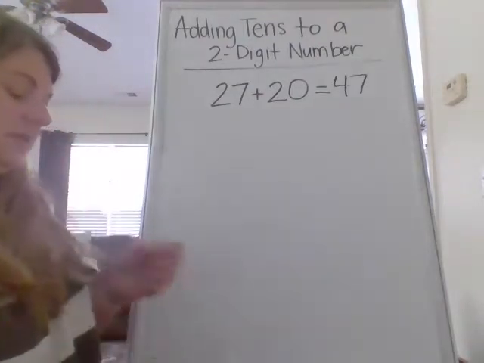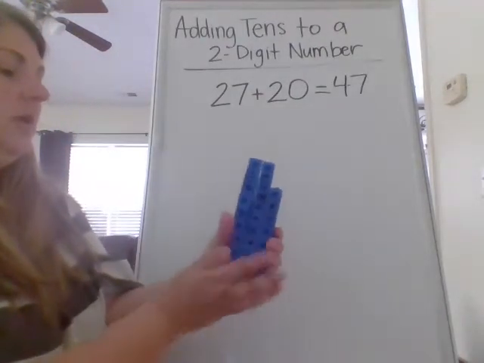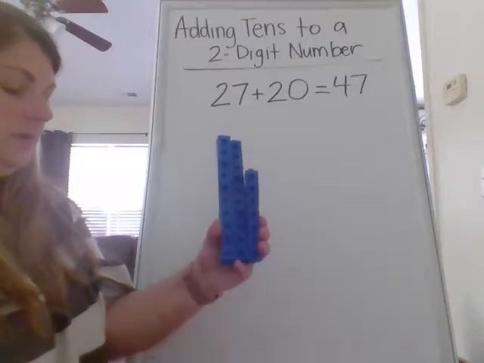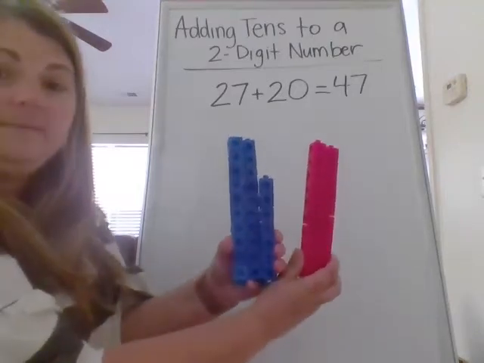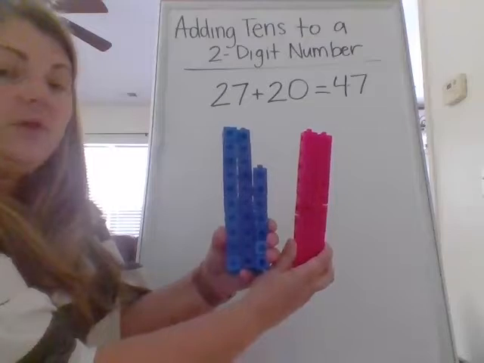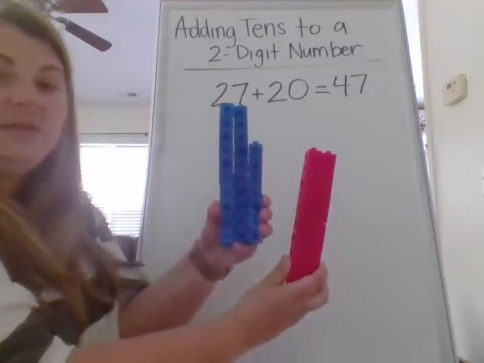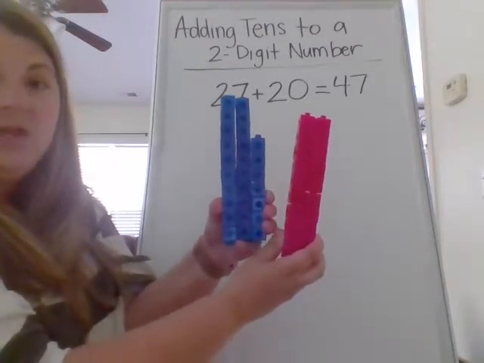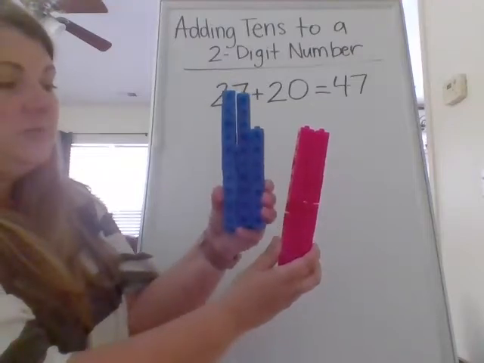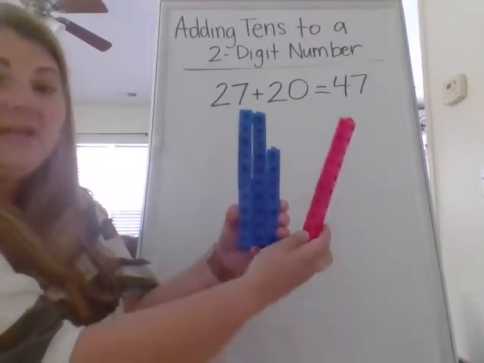We'll see if that's right. All right. So we'll start again with 27 plus 20. This time though, we're going to start with 27, and we're not going to combine the tens all at once. We're going to start with 27, and we're just going to add a 10.